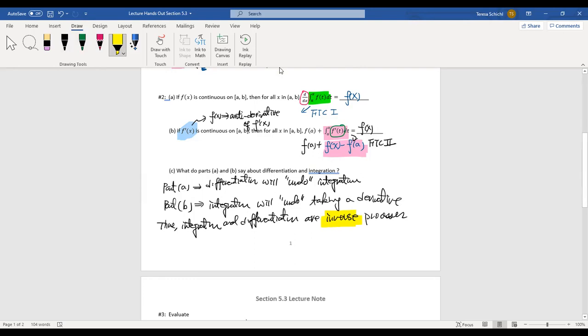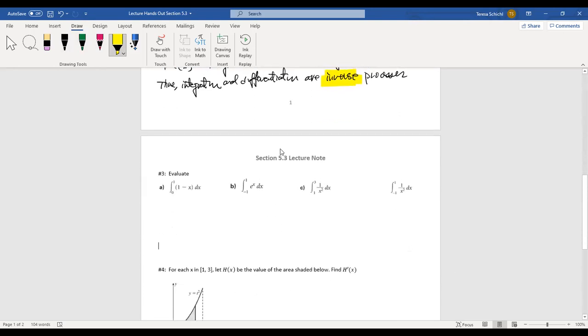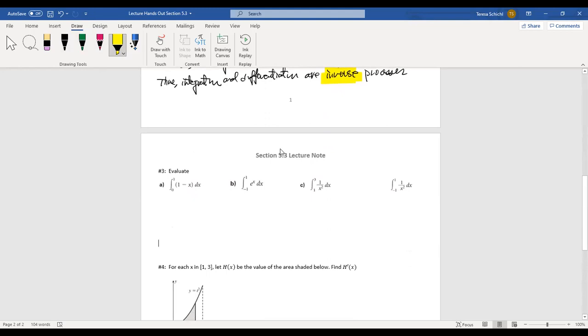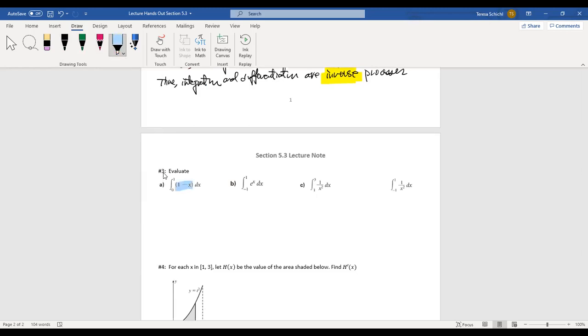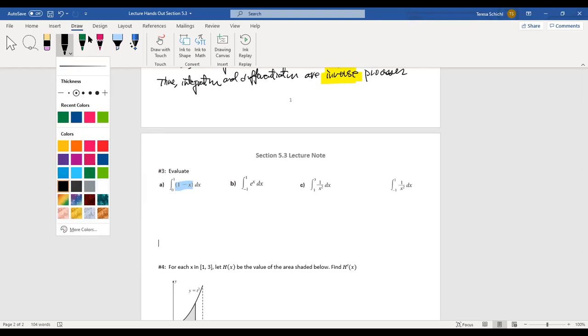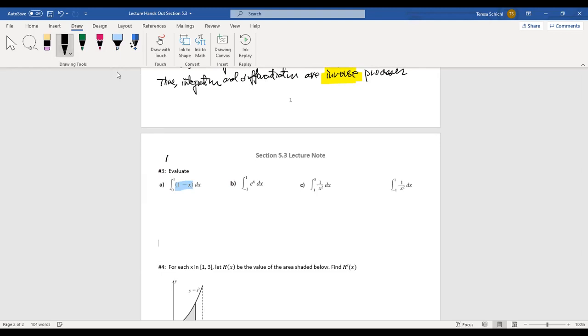Okay, so now let's take a look here. Now number 3 is here. Let's try to evaluate this definite integral. We finally are able to evaluate these definite integrals. This is 1 minus x, and I want to evaluate this, so I need to find the antiderivative. 1 is x to the 0 power, and this is x to the 1 power.